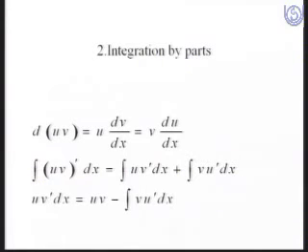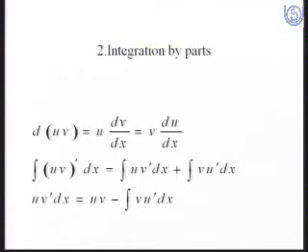Now you use that, and if we were to integrate, then using this you will get the integration of uv prime, where that prime stands for differentiation. The integration of uv prime dx will be the same as the integration of u into v prime dx plus the integration of v into u prime dx.